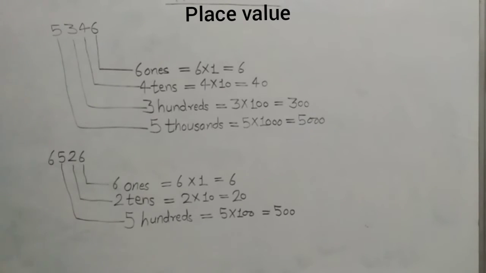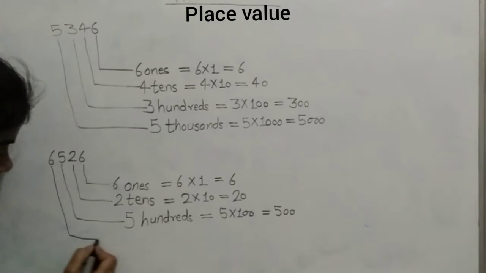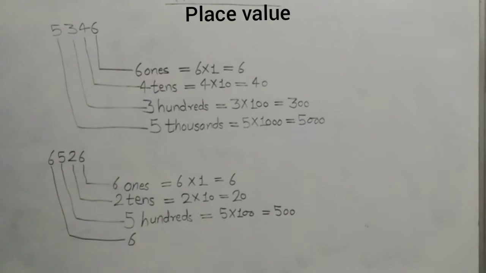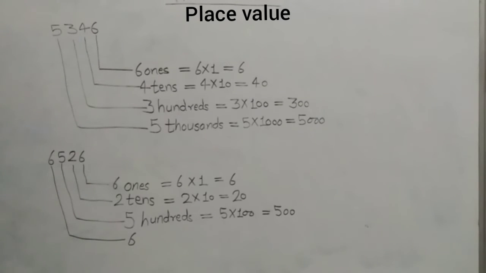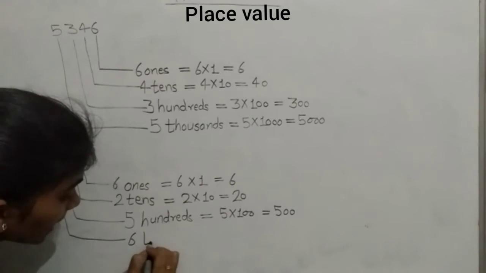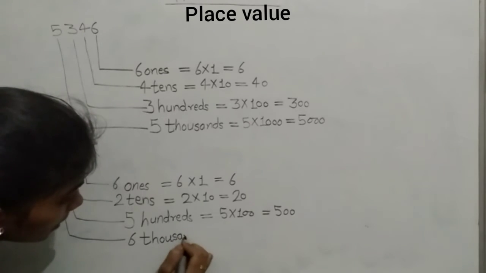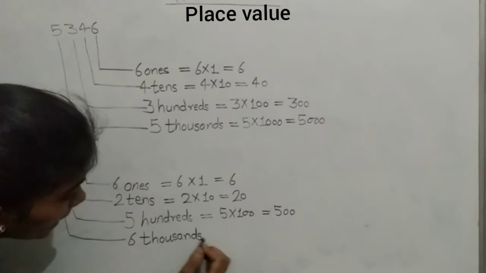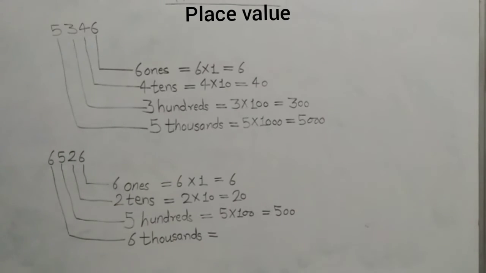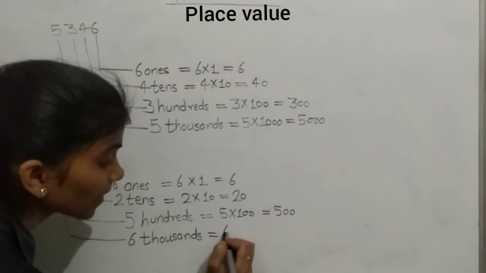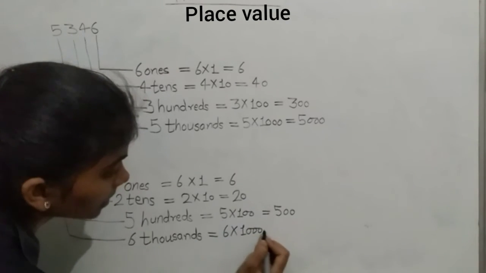Next we have the digit 6 which is at thousand place, ones, tens, hundred, thousand. So we will write 6 thousands. It can be written as 6 multiplied by 1000.